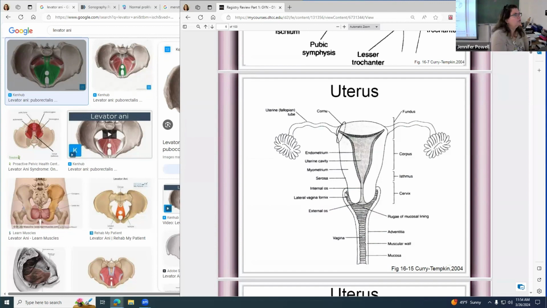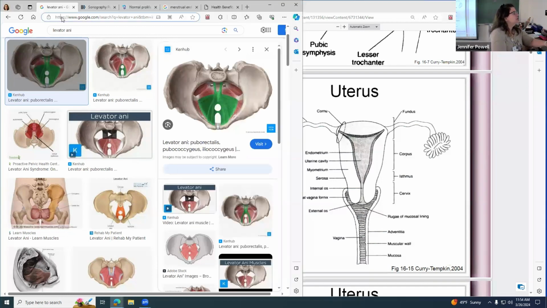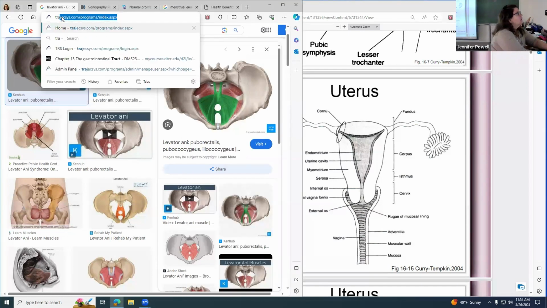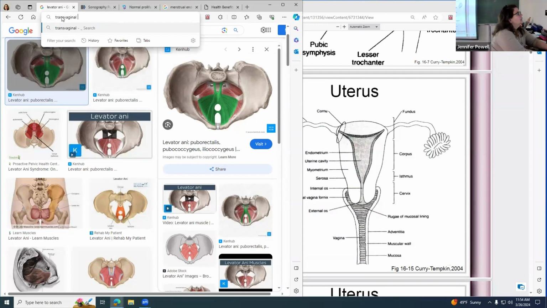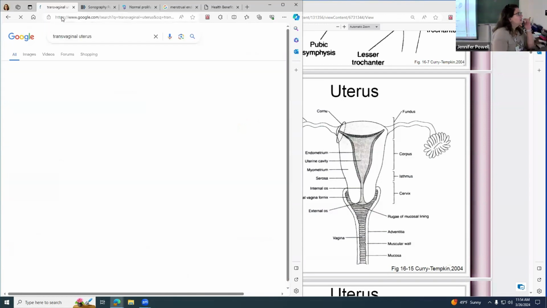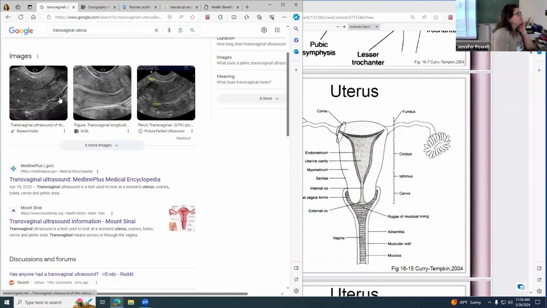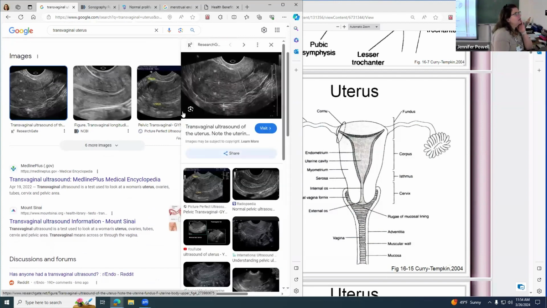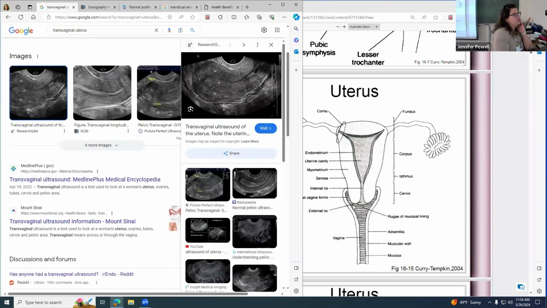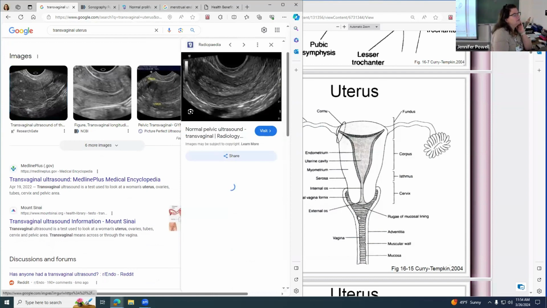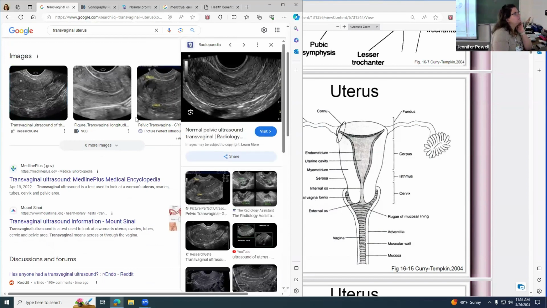That's why when you look at a transvaginal image, a lot of times you can see the cervix because it's kind of sitting in here or sitting in here. So that explains that.